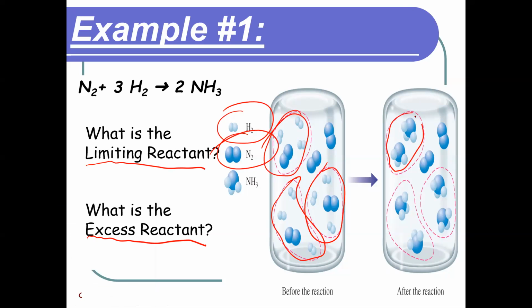Isn't it the H2? Yes. And then which one do we have more of? N2. So notice how these were not bonded with anything. Those were the ones that were left over in the reaction.